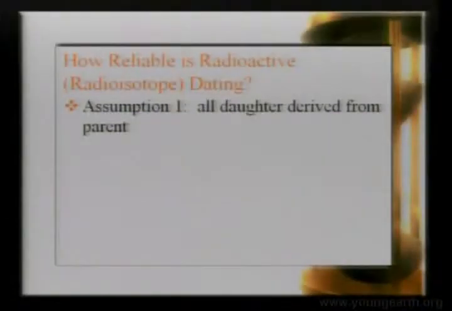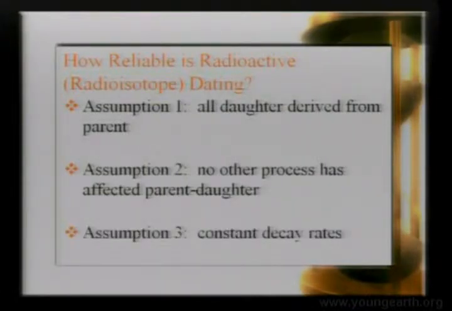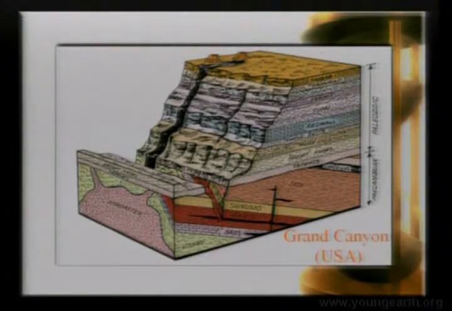Well, let's remember assumption number 1, all the daughter atoms were derived from the parent atoms by radioactive decay. Assumption number 2, no other process has affected the parent-daughter relationship through time apart from radioactive decay. And number 3, the rate of decay has been constant. Okay, let's examine each of these 3 assumptions.